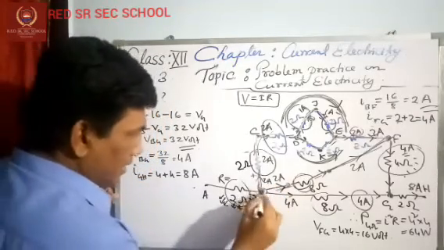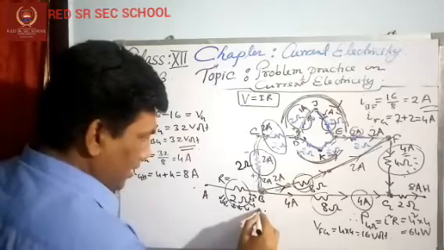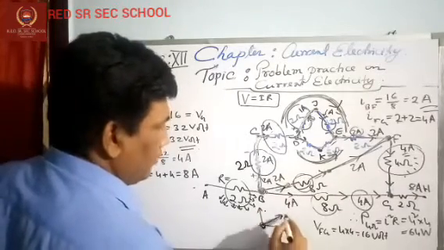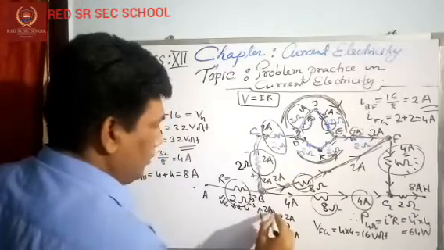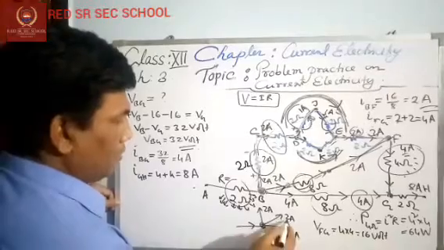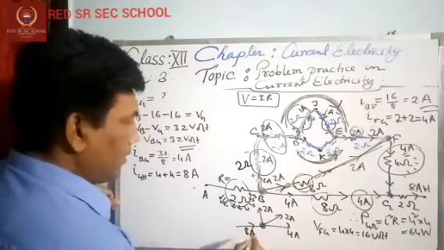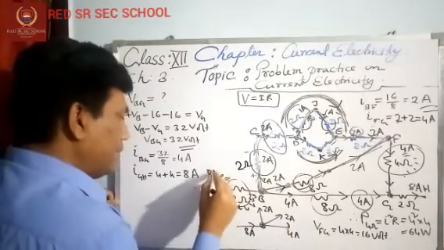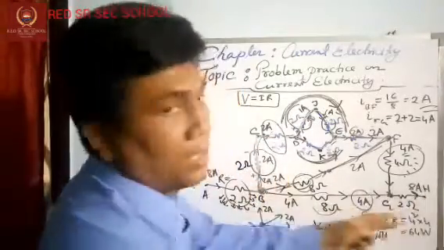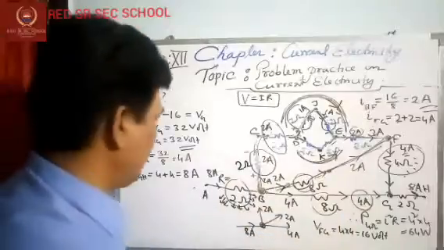This is the junction point. From this junction point, here 2 ampere, here 2 ampere, and here 4 ampere. 4, 2, 2: the current entering must be equal to 8 ampere. It means 8 ampere current must enter. And as you have seen, 8 ampere is going out also from the whole circuit network.